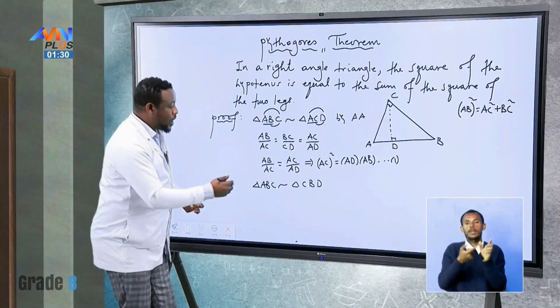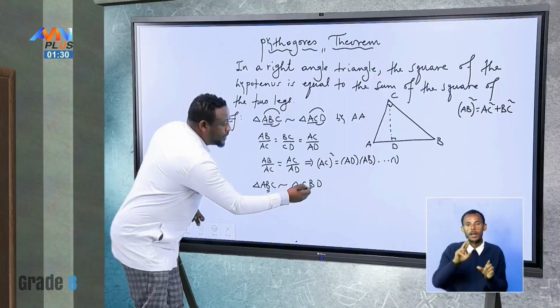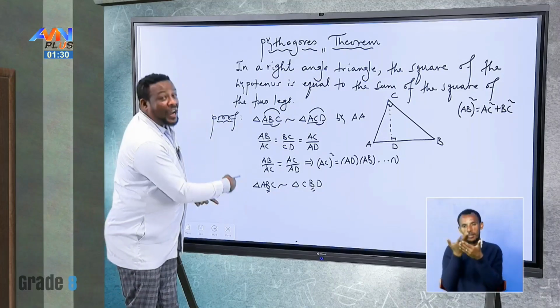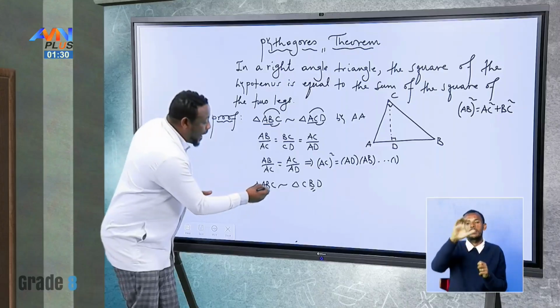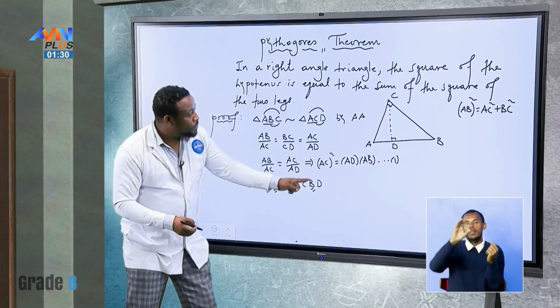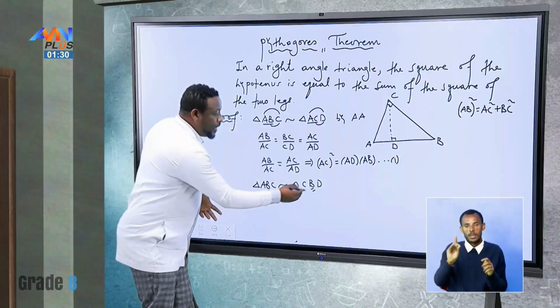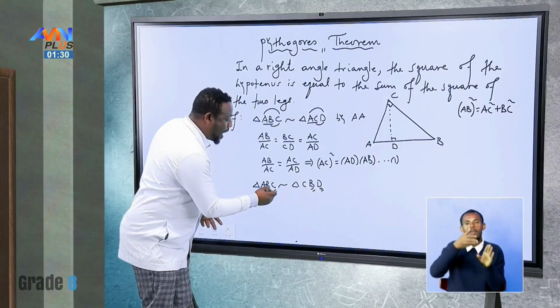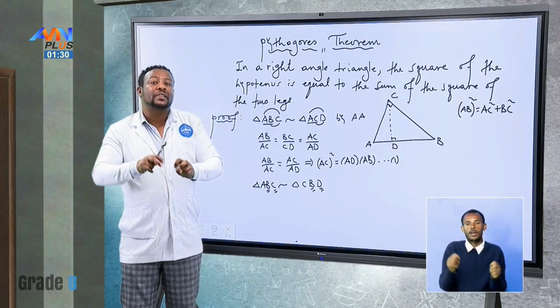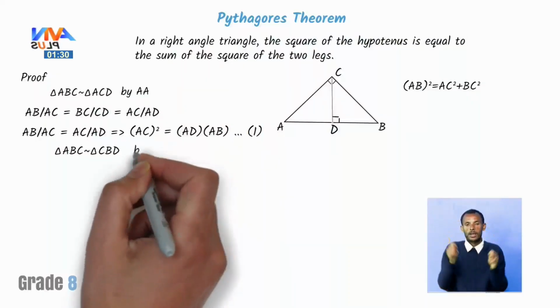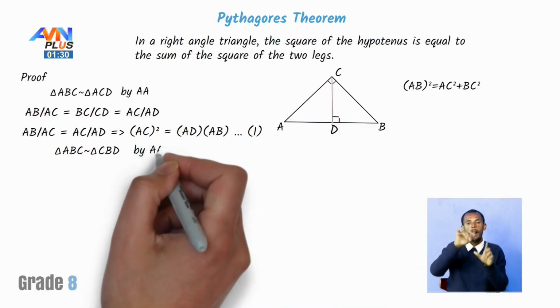Angle B is their common angle. The other thing is triangle ABC forms 90 degrees at C, and triangle CBD forms 90 degrees at D. So these two triangles have two congruent angles. Therefore, they are similar by angle-angle similarity.